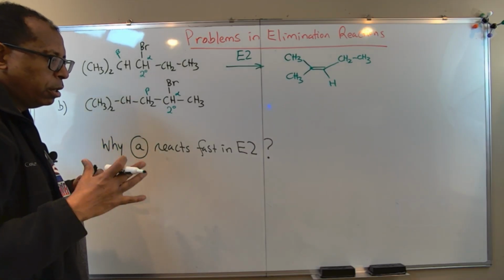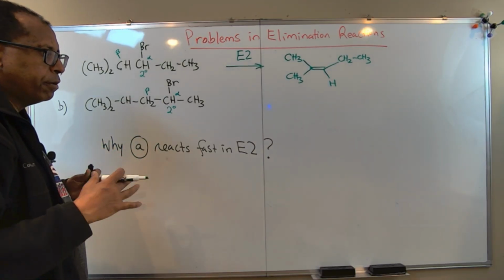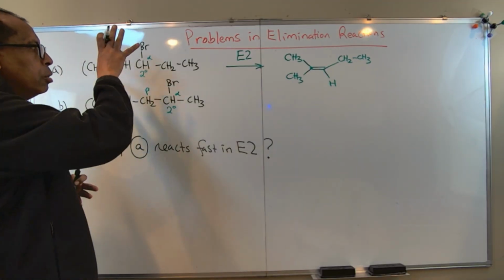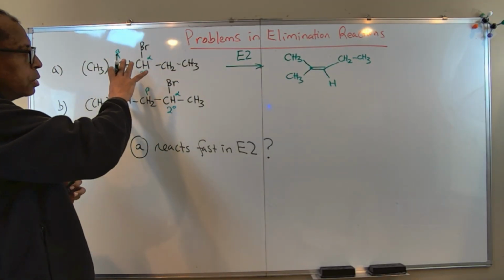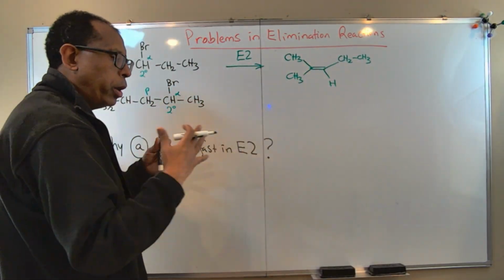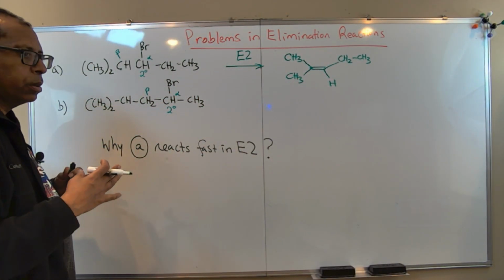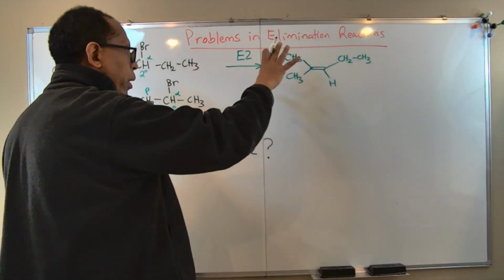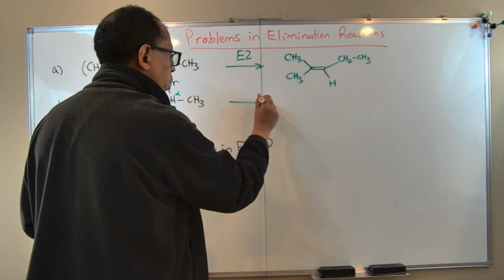Whenever you are asking the rate of a reaction, why fast or slow, you should examine the starting material or the product formed. That's the only way you could tell whether something can go fast or slow. So now we are evaluating what products we get.